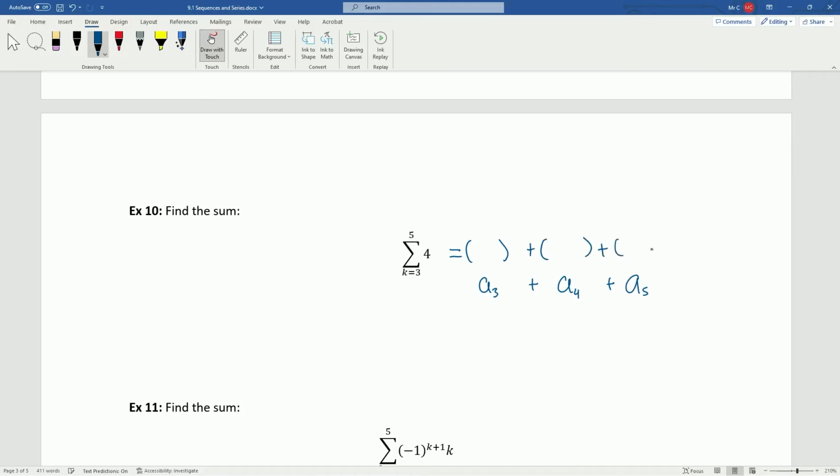But the key to understanding this problem is realizing that I'm just taking the number 4 and adding it over and over. There's no k in my formula, so I'm not plugging k in. It's just for each value of k, starting at 3 and ending at 5, I'm adding the number 4 over and over. So 4 plus 4 plus 4, that's 12.